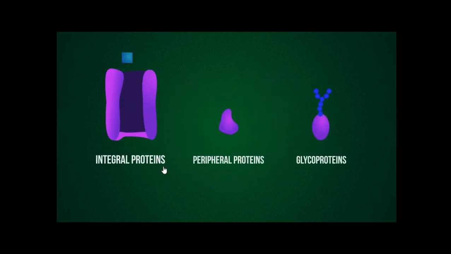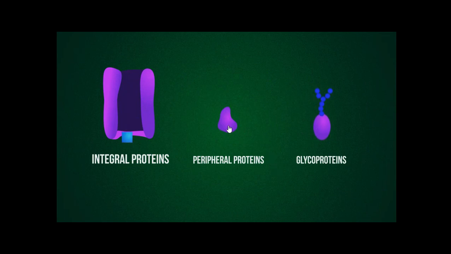And these are the integral proteins, peripheral proteins, and glycoproteins. Integral proteins are mostly the carrier proteins which have a channel inside and facilitate the movement of molecules, which are selectively permeable. That means selectively permeable.